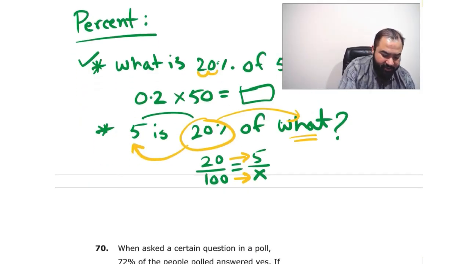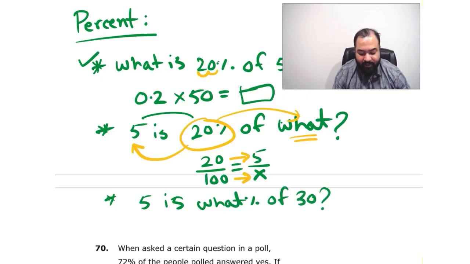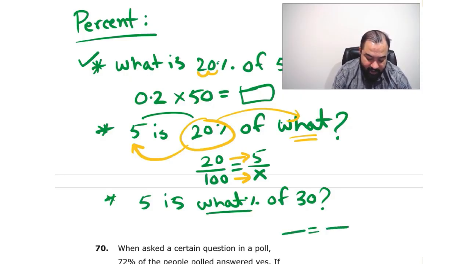Let's talk about a third type. It says, let's say 5 is what percent of 30? Now take a look. I cannot just multiply, here percent is missing. So we have to set up a proportion for that. So what percent, we don't know. It's like 5 is a part of the 30.